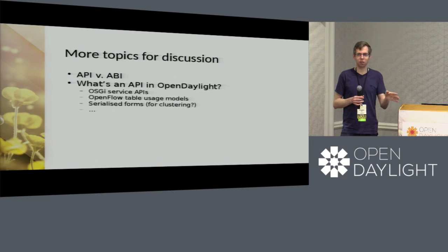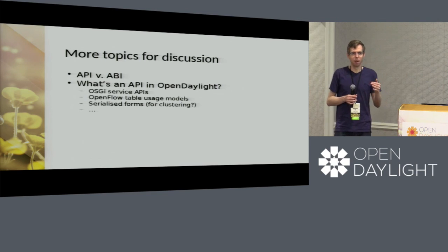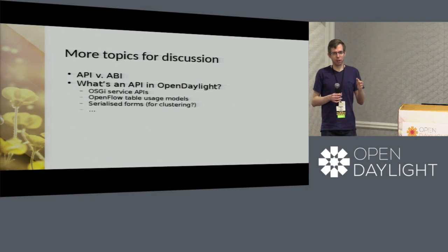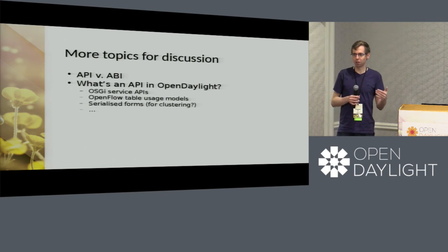They end up with patches that need to be merged and so on. It takes a while. But if we're using release artifacts, there's nothing to force you to switch to the new MD-SAL version. The MD-SAL project would need to convince everybody that it's in everybody's best interest to do so, which I think is nice because it means that you don't do major version bumps just for the fun of it. You actually add value when you're doing that.